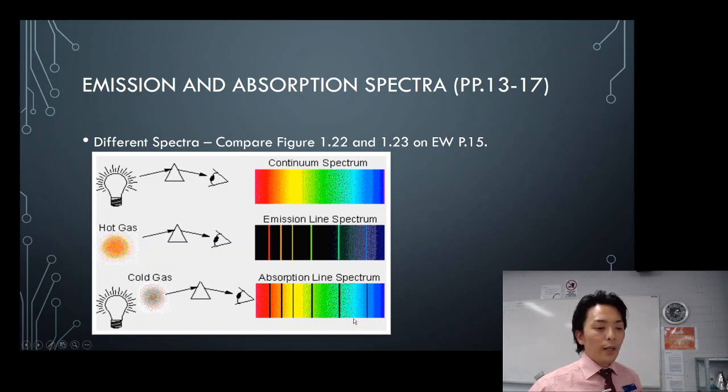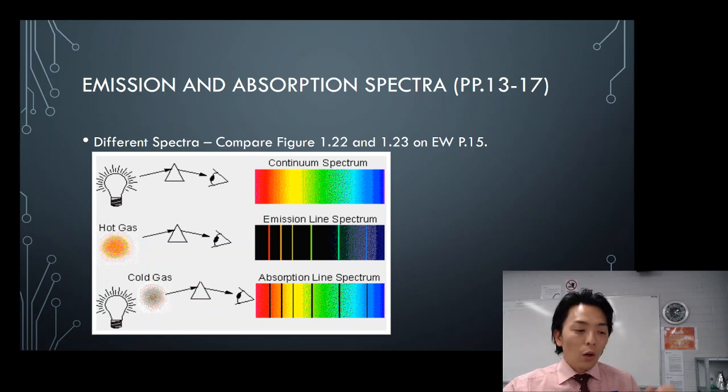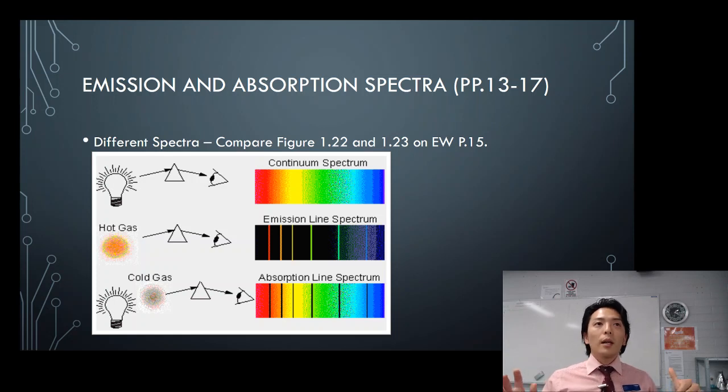There's no light through. And you would also notice that where the emission lines existed in the spectrum would be absent in the absorption spectrum, because the cold gas, the same element that made up the emission, is now absorbing the light, because they can only absorb or emit certain wavelengths of light.